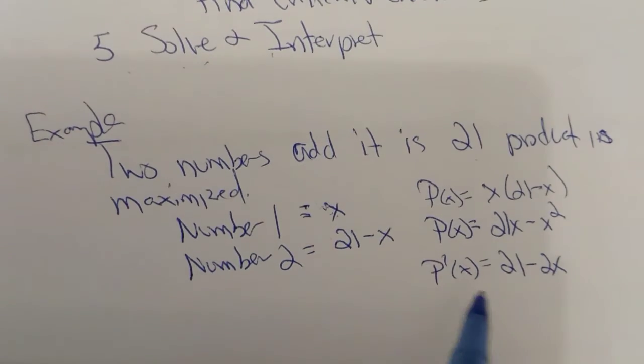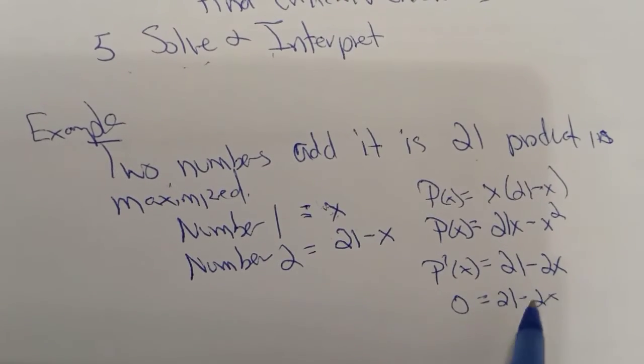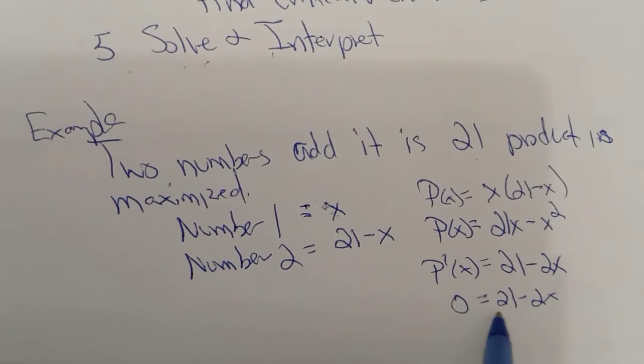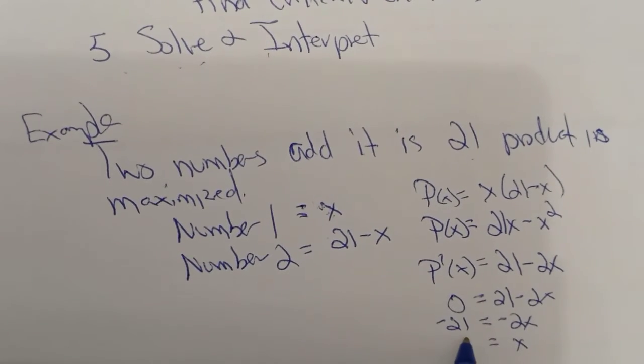Okay, and then from here, from P prime, I set it equal to 0. 21 minus 2x equals 0. And then I get negative 21 equals negative 2x. And x equals 10.5.